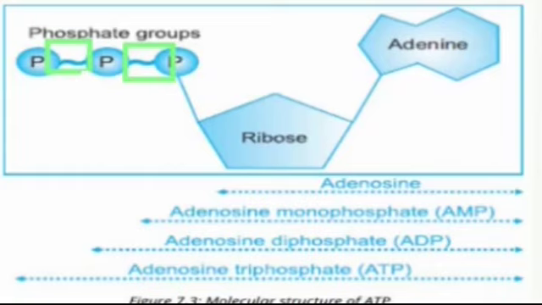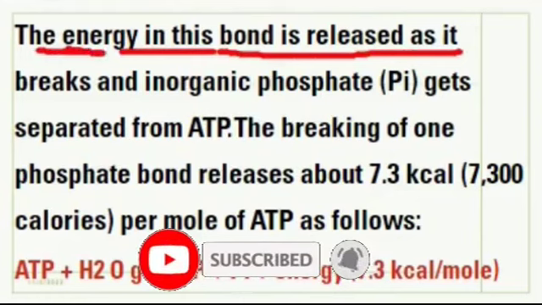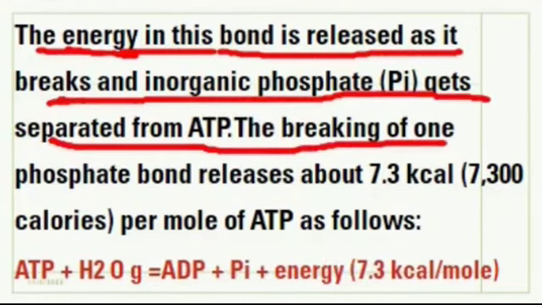The energy in this bond is released as it breaks and inorganic phosphate Pi gets separated from ATP. The breaking of one phosphate bond releases about 7.3 kilocalories per mole.